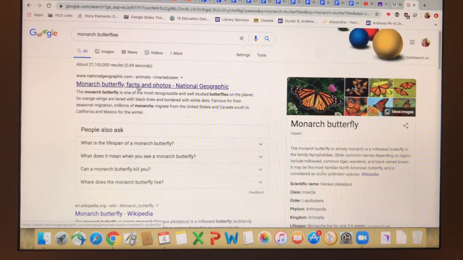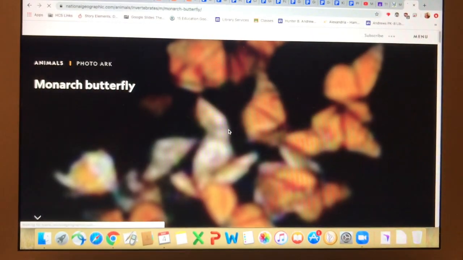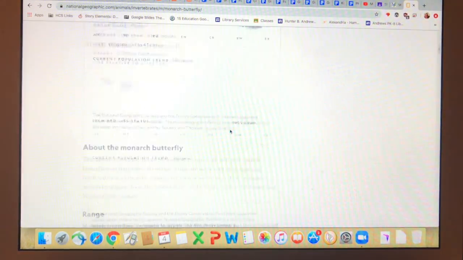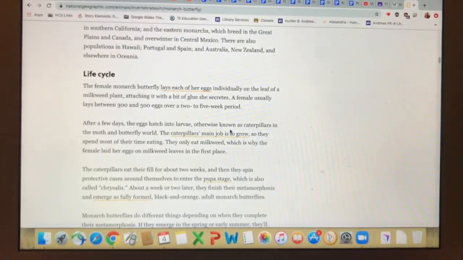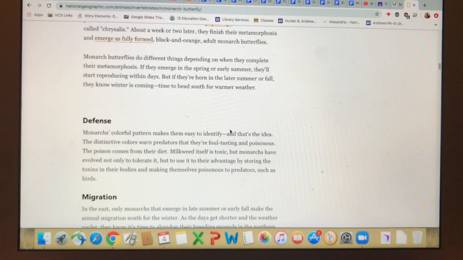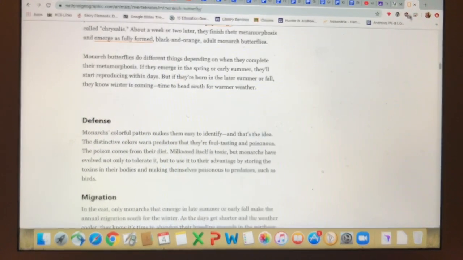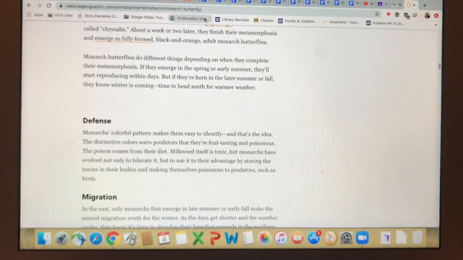Now, National Geographic's been around a long time, so you could pretty much believe that the information they write about the monarch butterfly is true, because I'm sure they have people that do fact checking to make sure that everything is correct. So National Geographic talks about lots of different things, its range, its life cycle, its defense. So a lot of times people will use Google.